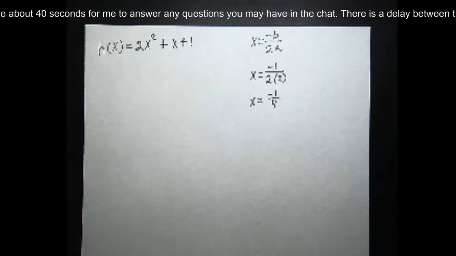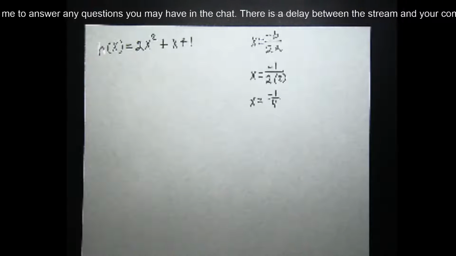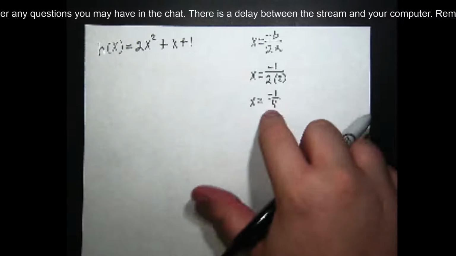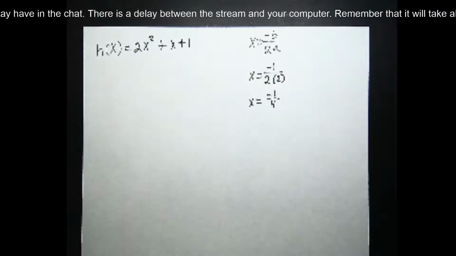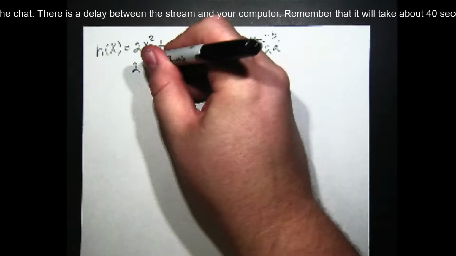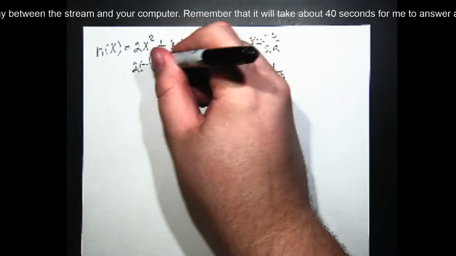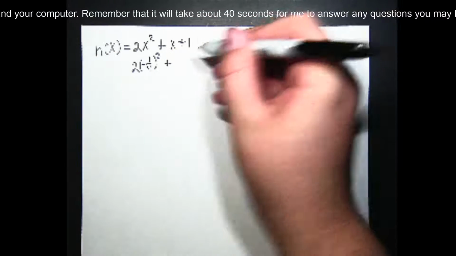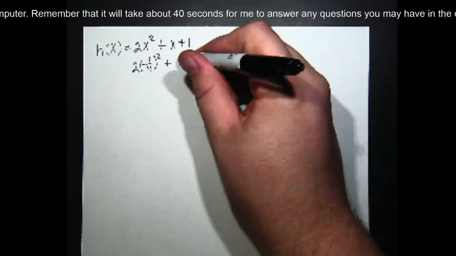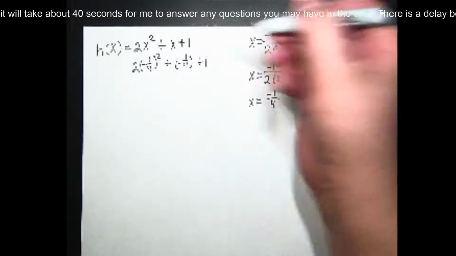All right, but of course this is just the x part of our vertex. We also need to find the y part. So the way we do that is we take the x part, plug it into the original. So I've got now 2 times negative 1/4 squared plus negative 1/4 plus 1.